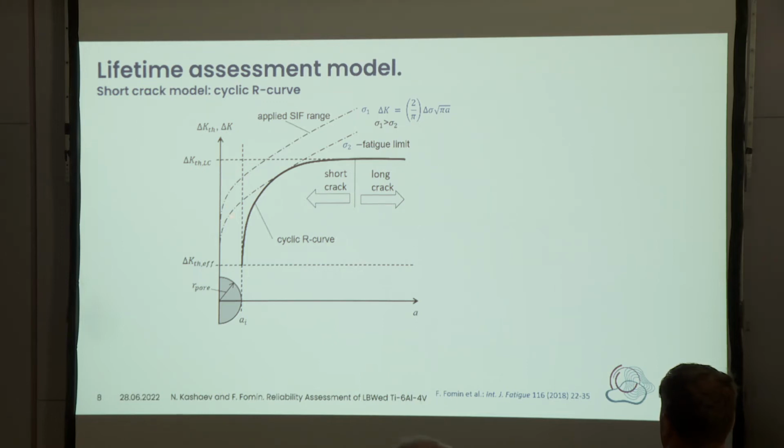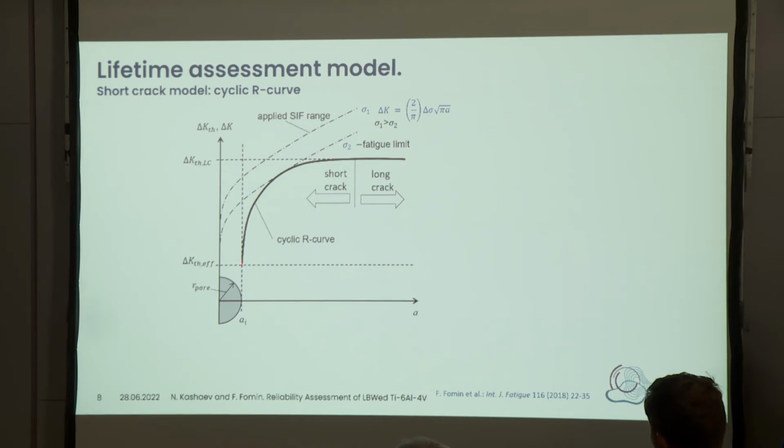And for cracks propagating from internal pores, there are also analytical approaches to calculate the stress intensity factor depending on the crack length. For example, we can use this equation. If we represent it depending on the crack length, it could be this or this, depending on the level of cyclic stress. And the cyclic R-curve describes the threshold.